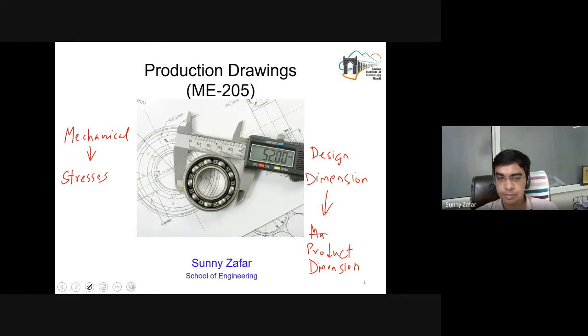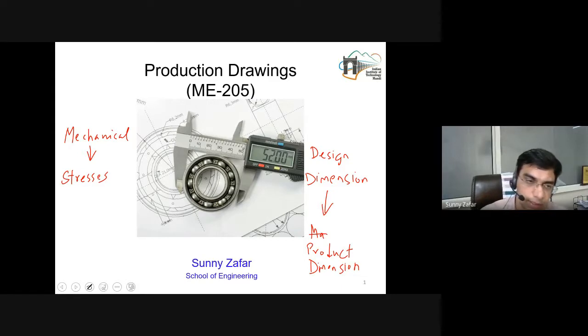So let me come to this topic from a very basic understanding: what are stresses? Stresses are nothing but the internal response of a material to an externally applied load. Whenever a material or a product is loaded externally, stresses are induced in that material in response to the external load.